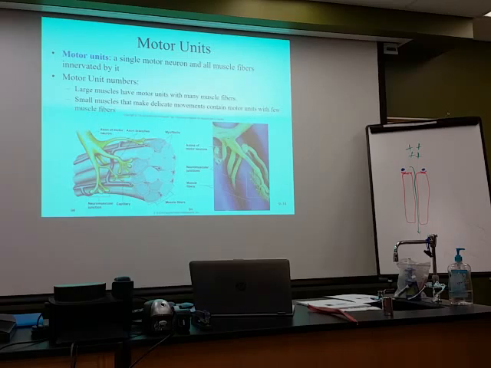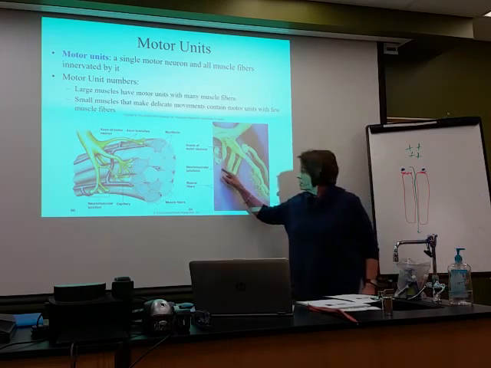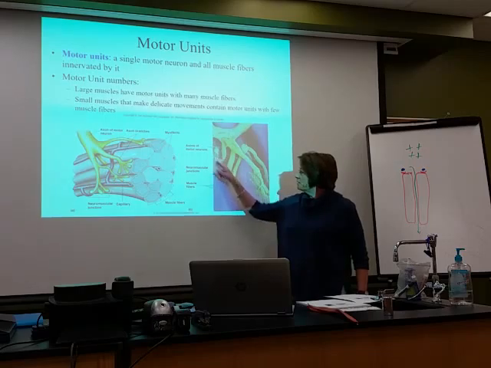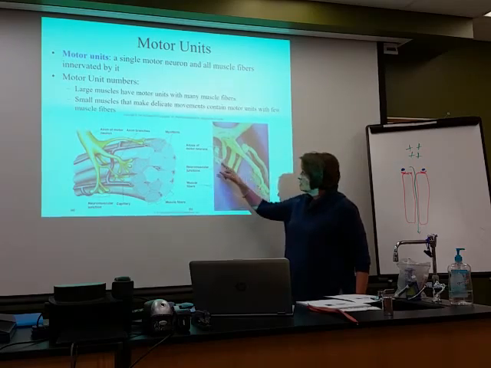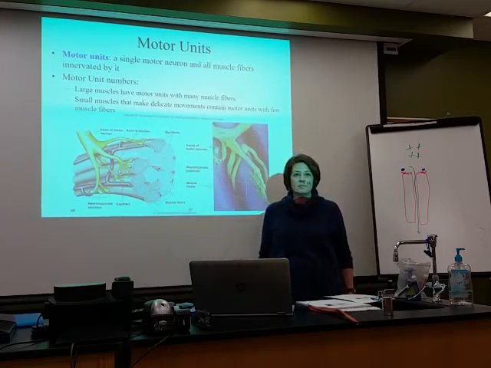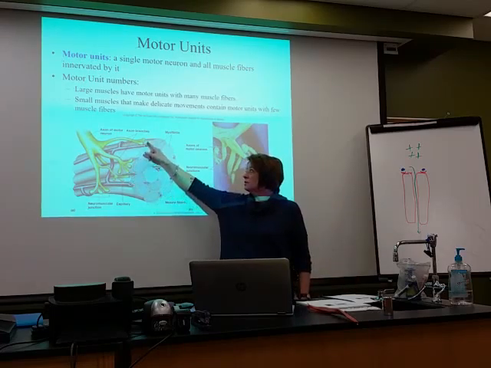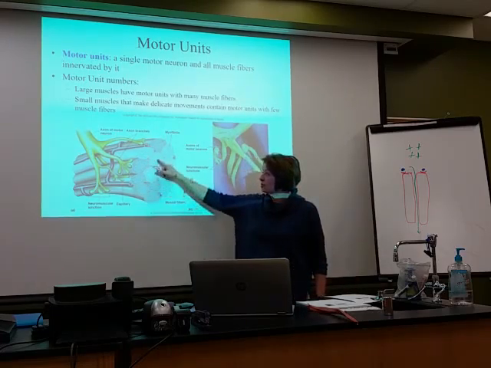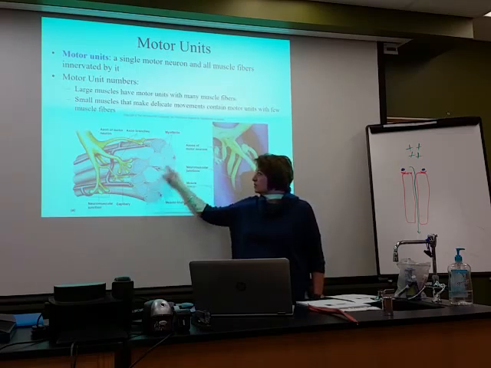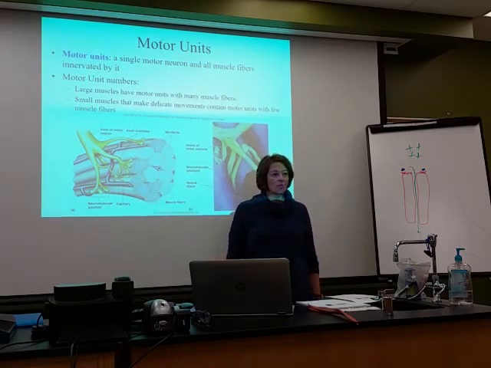Okay, and that's a motor unit because we're looking at it doing something, some type of movement. What we want it to do is recruit as many of these neuromuscular junctions as possible. Because if it can recruit this one, and this one, and this one, and this one, we're going to get a contraction, right?